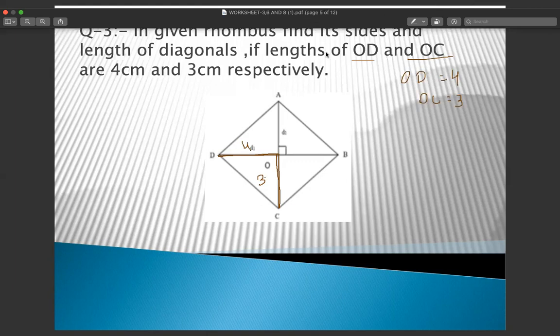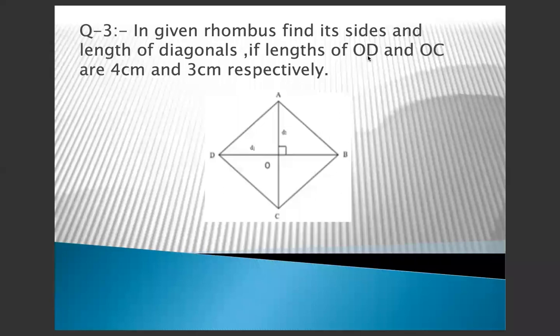Okay, so now in the rhombus, I have to draw again. OD over here becomes 4 centimeters and OC over here becomes 3 centimeters. Now we have to find the remaining diagonals, we only have to find the diagonals.